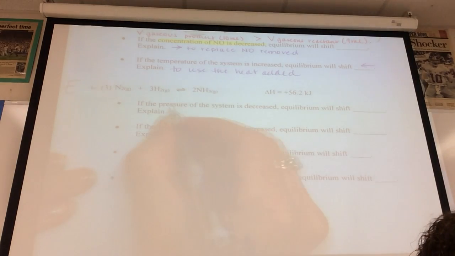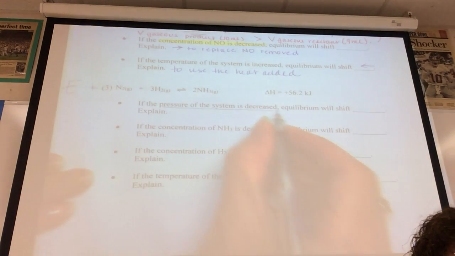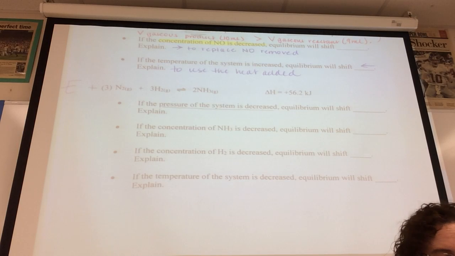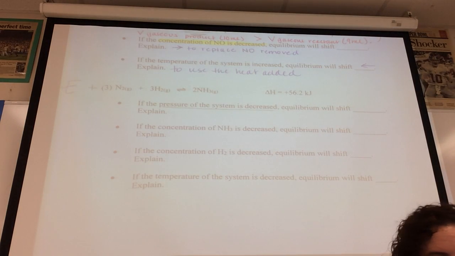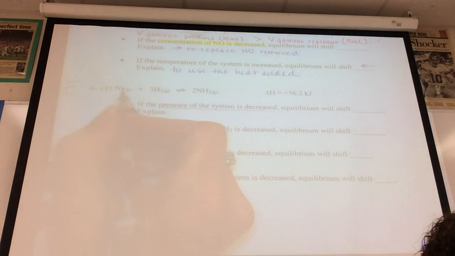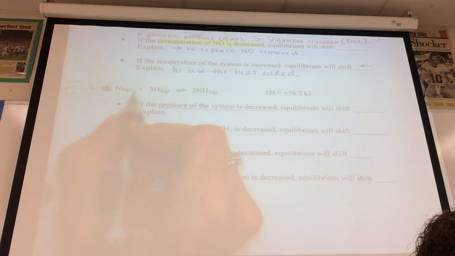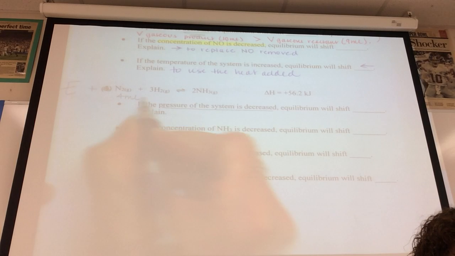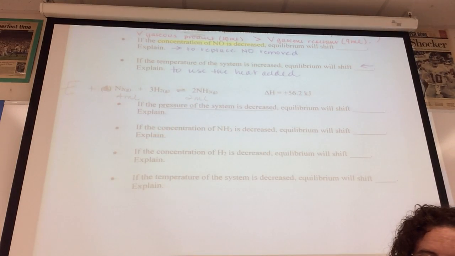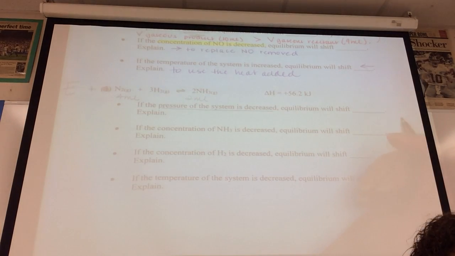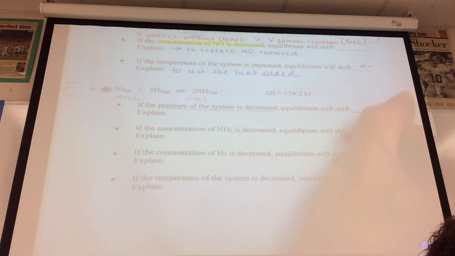Now, if we decrease pressure, are we going to shift equilibrium to the side with the smaller or larger volume? Definitely larger because of the inverse relationship. So we've got, this is just number 3. We've got 1 plus 3 is 4 mils of gas, and we've got 2 mils of gas. So equilibrium will shift to the left, correct.